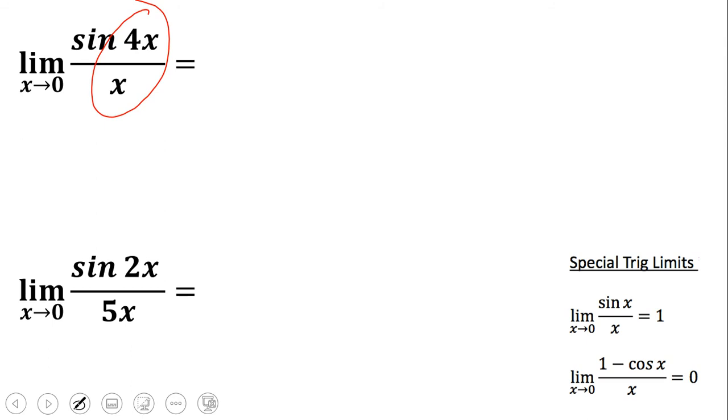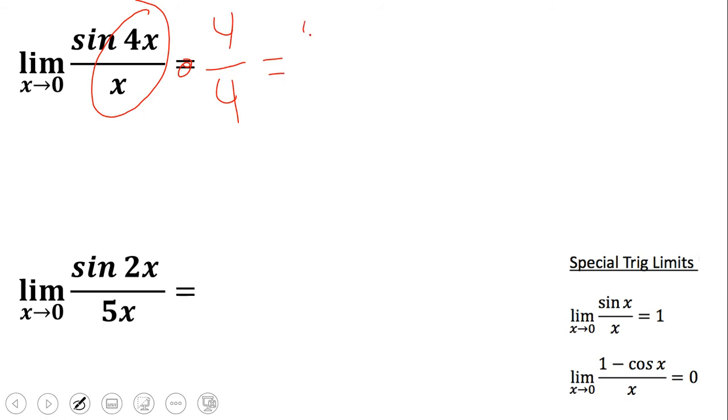Additionally, the 4 that is inside of the sine, I cannot touch that 4. So I can't divide it away, I can't factor it, I can't do any of that. Here's what I can do. I'm going to multiply this entire problem by 4 over 4. Why am I allowed to do that? Well, because 4 over 4, of course, equals 1. Why do I want to do that?